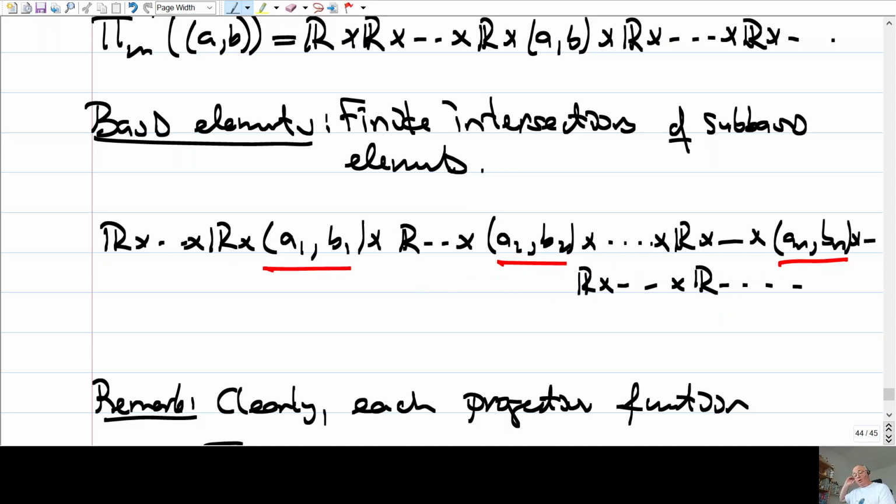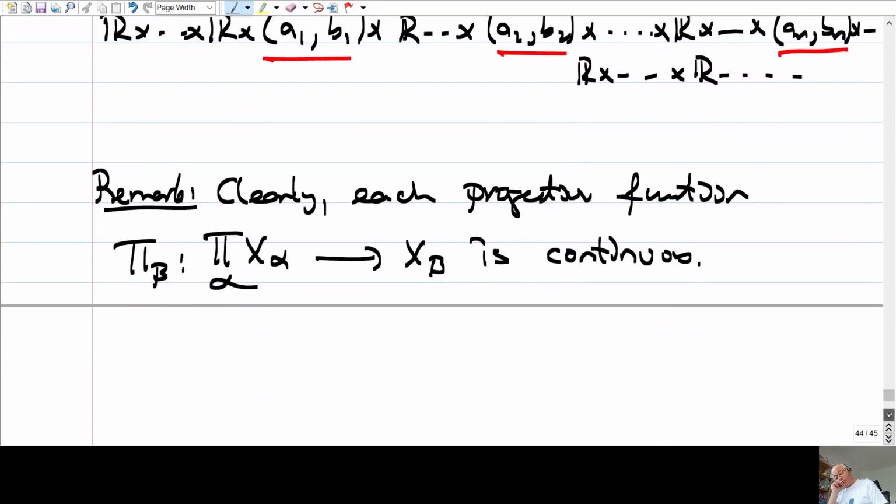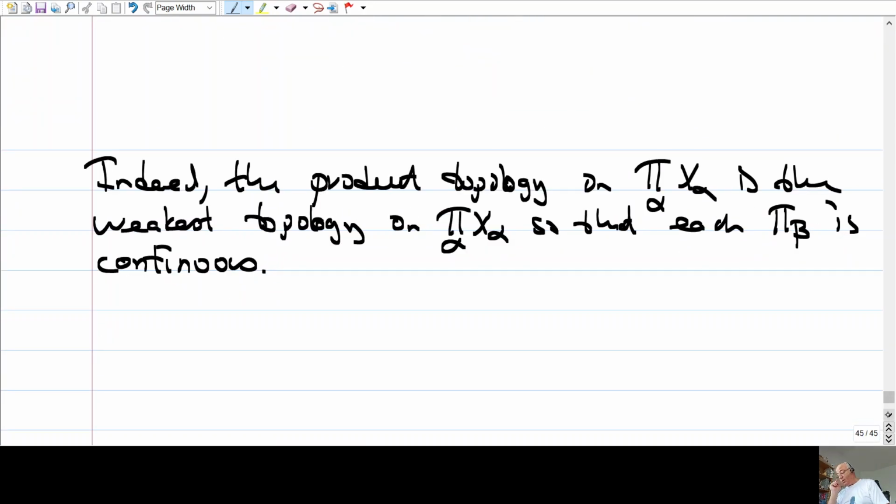But in the box topology, all of these copies of R can be replaced by arbitrary open sets. Therefore, you have just too many open sets. So the box topology is much stronger than this product topology.